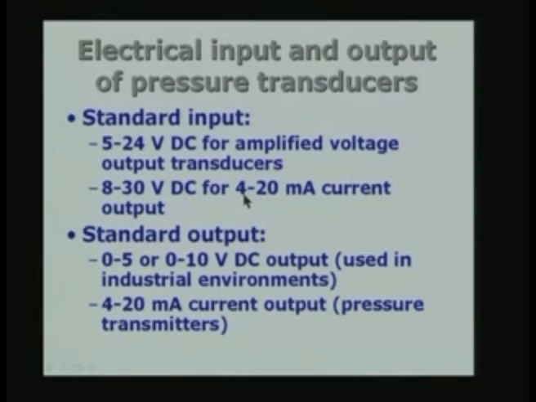So, the way to recognize whether there is any problem with the instrument is to see whether it is giving 4 milliamperes when there is a delta P equal to 0 or not. If it is giving 0 for some reason, then you can immediately come to the conclusion there is some problem with the circuitry. So, I think we just had time to cover this much.